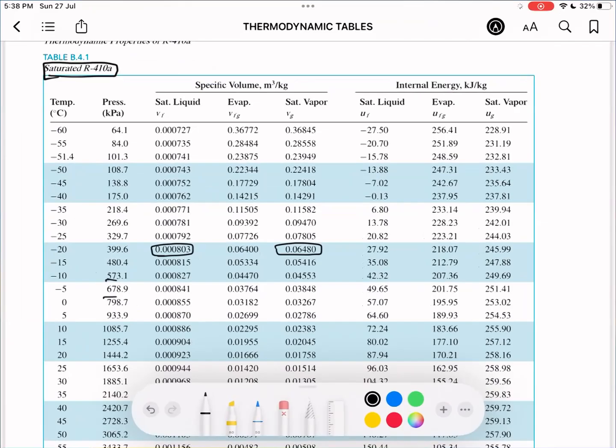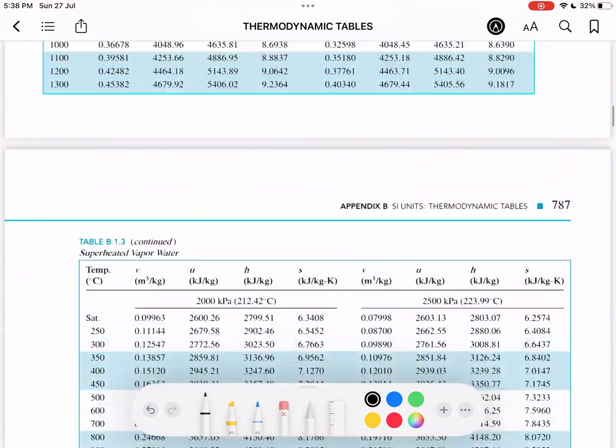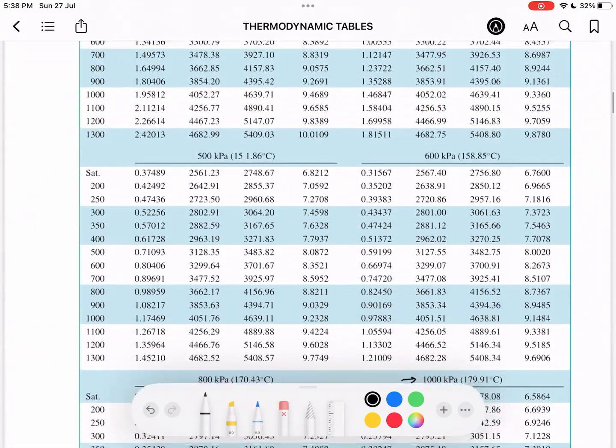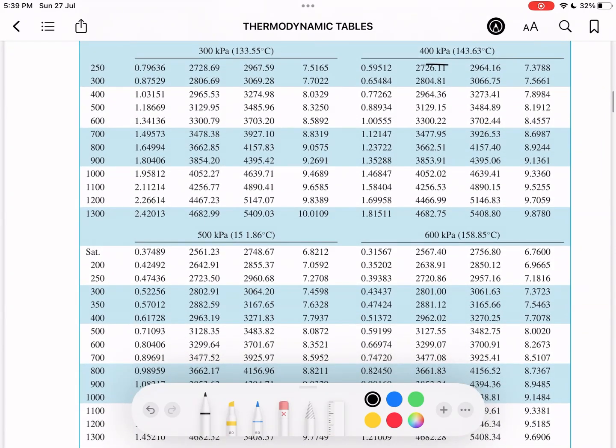I have to go to superheated water tables. So if we see at 500 kilopascals and a temperature of 600 degrees Celsius, right? It is 600.